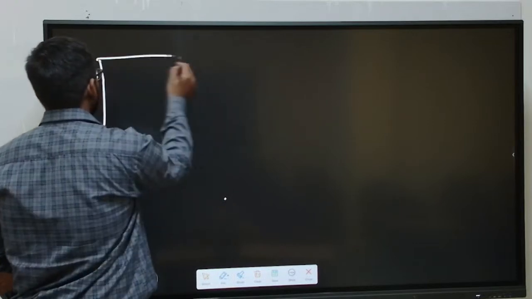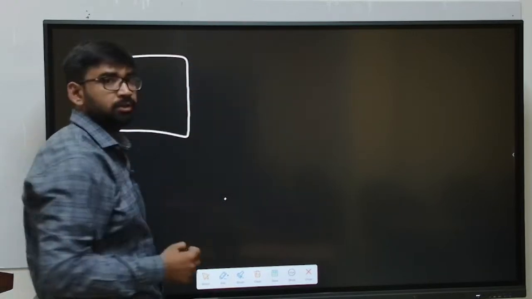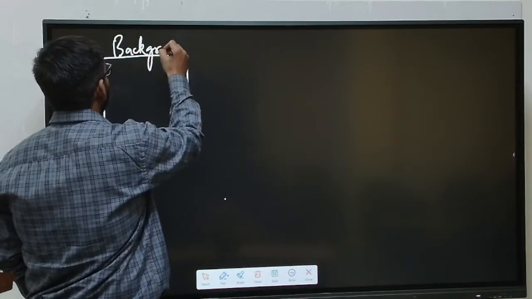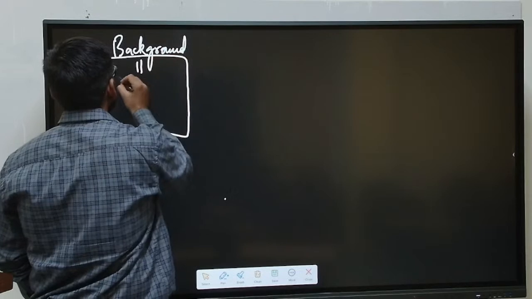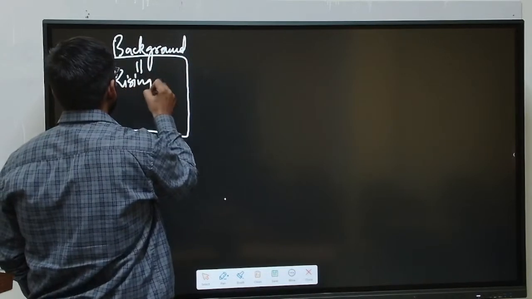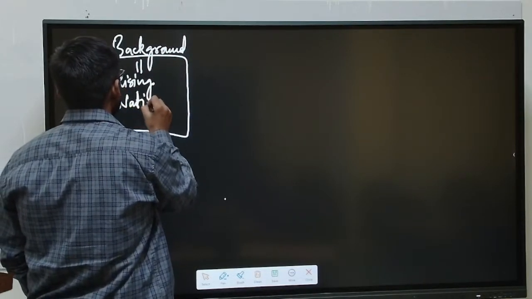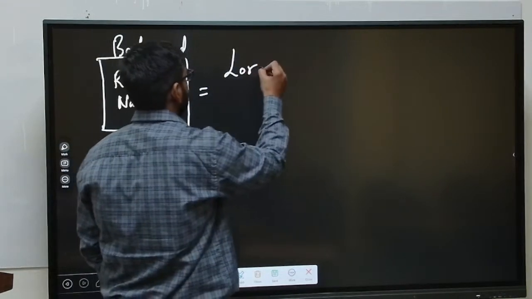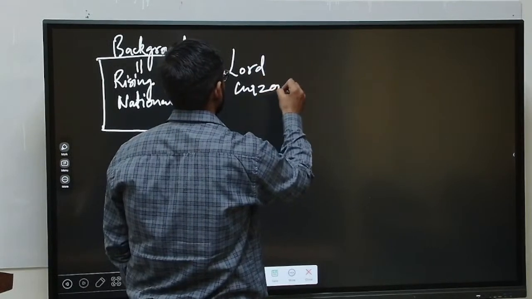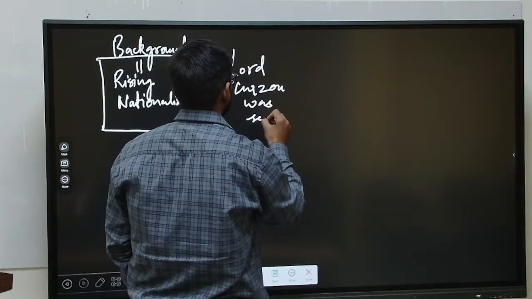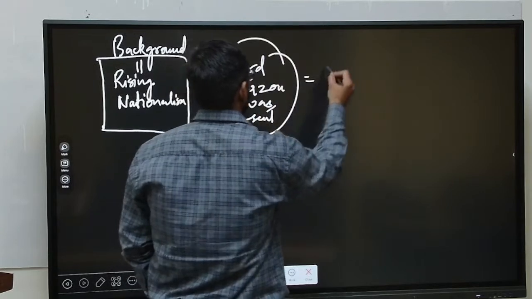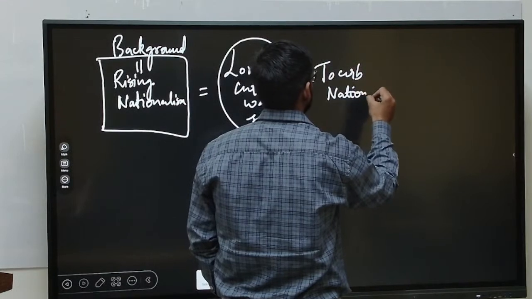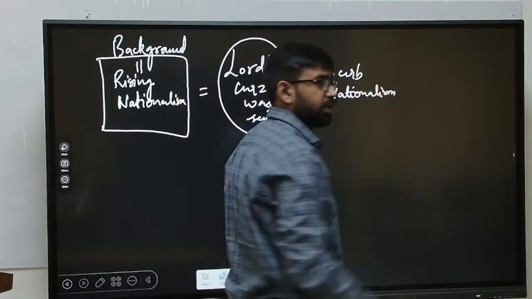So this is the important thing we need to understand about the policies of Lord Curzon. Why was he sent? The background of Lord Curzon was rising nationalism. So Lord Curzon was sent to curb nationalism. Clear?